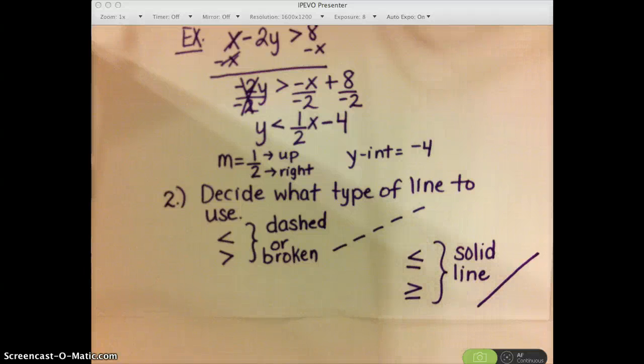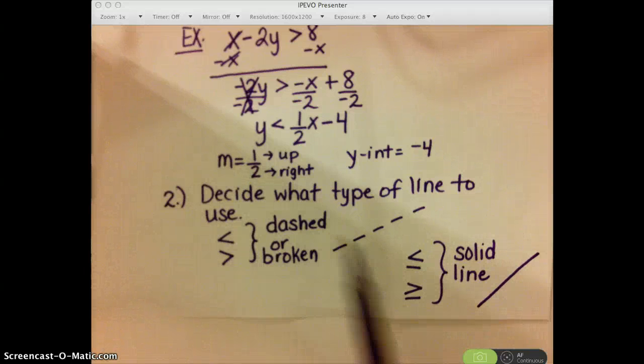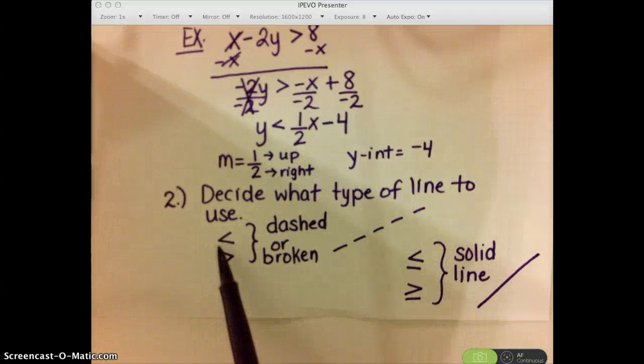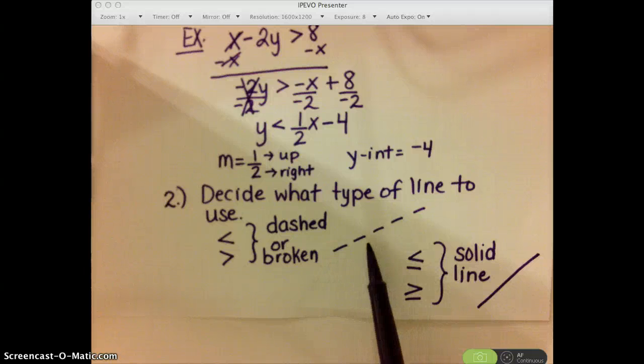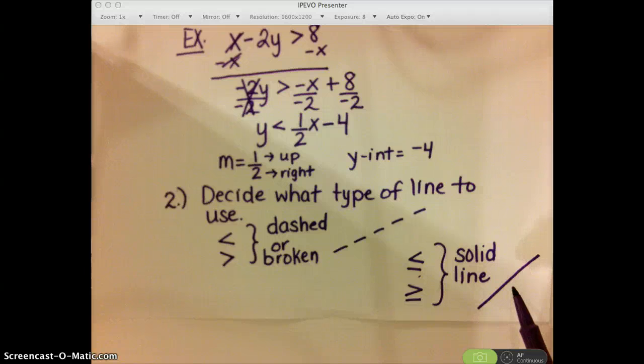So after you've plotted your y-intercept and you've used your slope to get other points on the line, then we're going to decide if we're going to use a dashed line or a solid line. If the inequality is less than or greater than, we're going to use a dashed line. If it's less than or equal to, greater than or equal to, we're going to use a solid line.